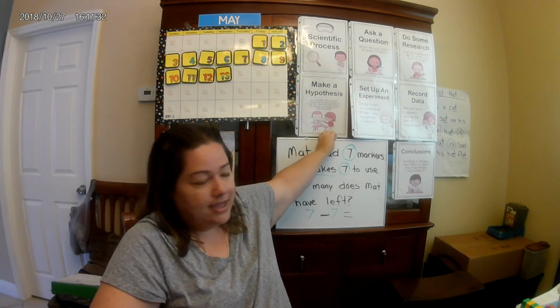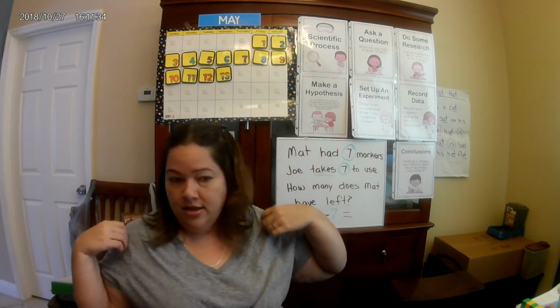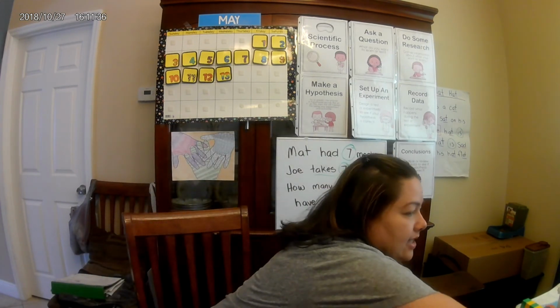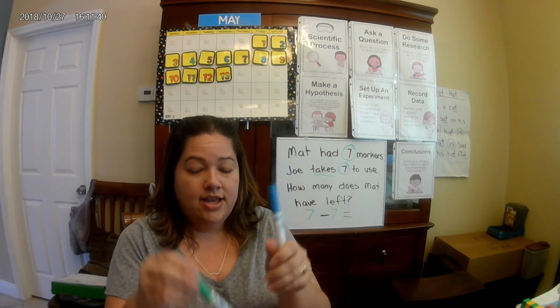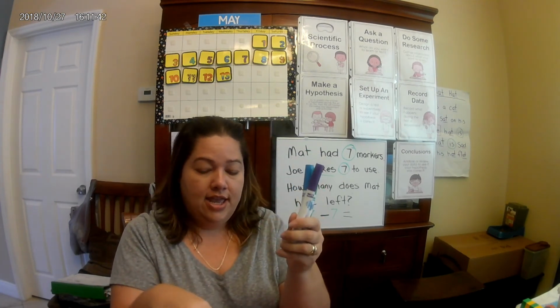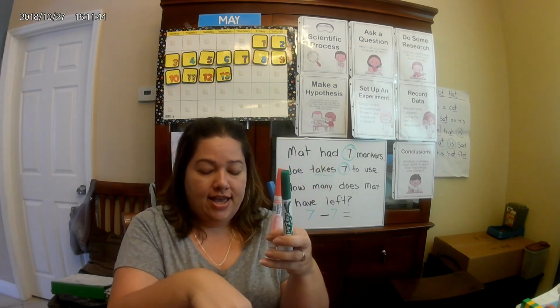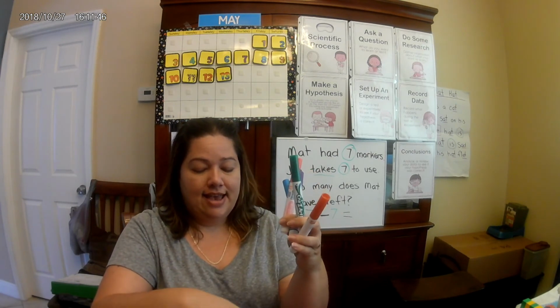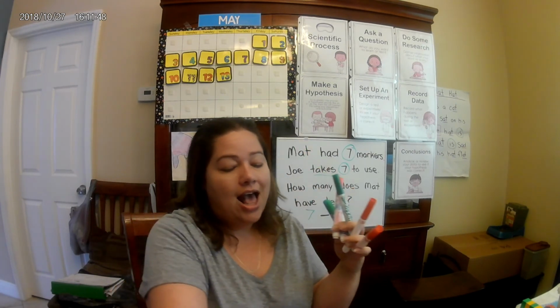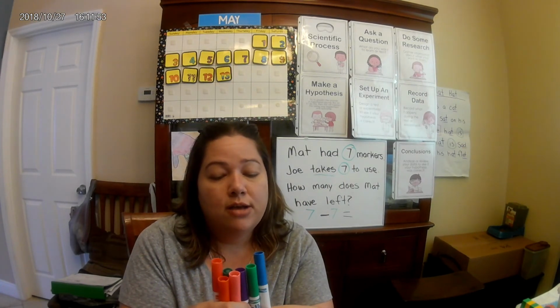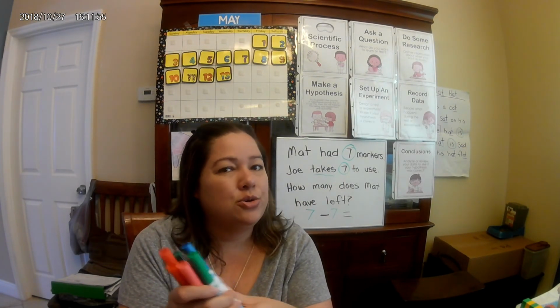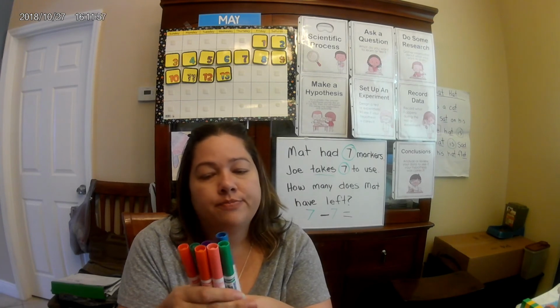So I'm going to count up my 7, and then we will, let's see, I even have some markers here. All right, so ready? 1, 2, 3, 4, 5, 6, 7. Okay? I have 7 markers. I used all my markers, and now Joe comes along and says, hey, I want to color too. I need all those markers.